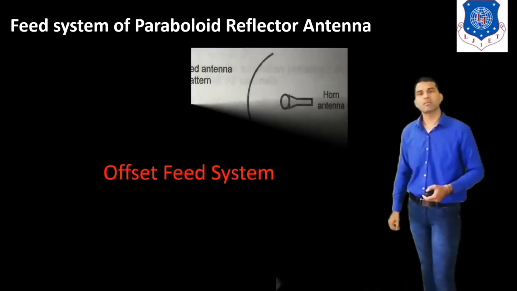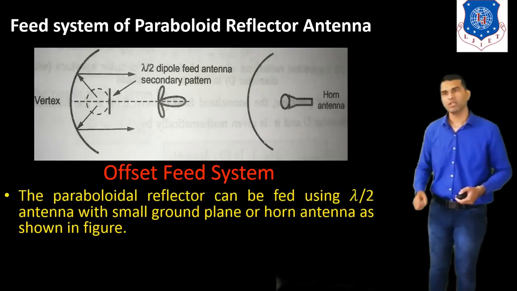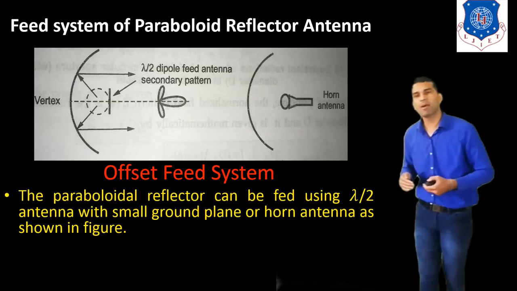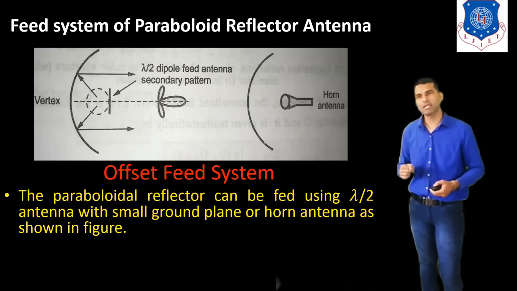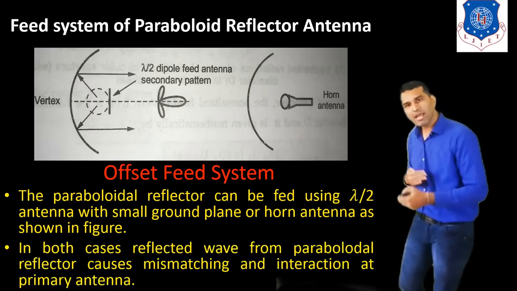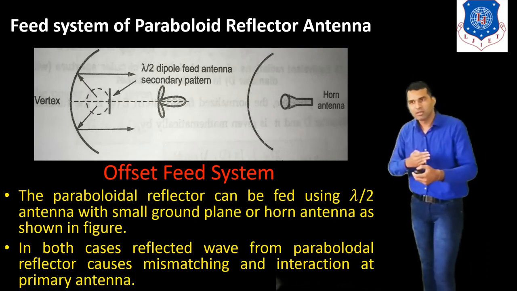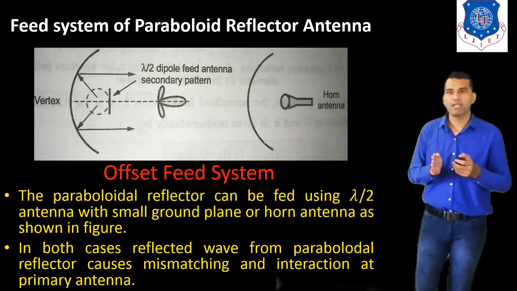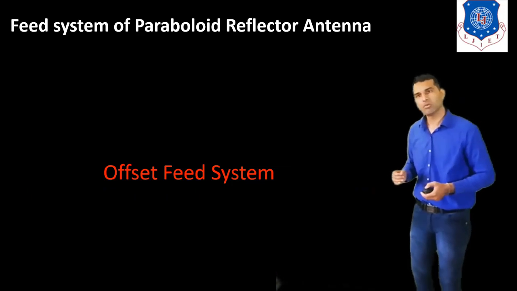The next feeding system is the offset feed system. The paraboloid reflector can be fed using a λ/2 antenna with a small ground plane or a horn antenna, as shown in the figure. In both cases, the reflected wave from the paraboloid reflector causes mismatch and interaction at the primary antenna.